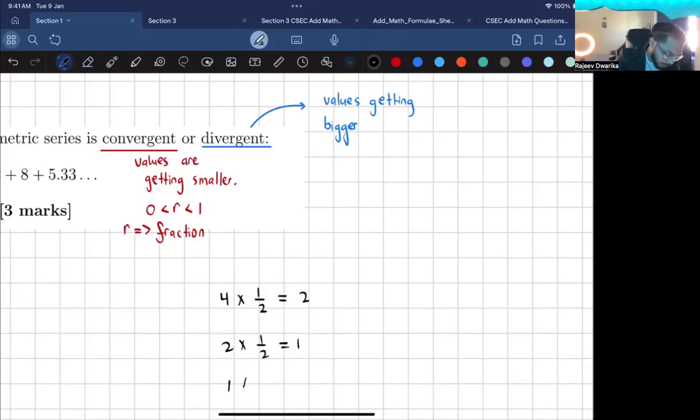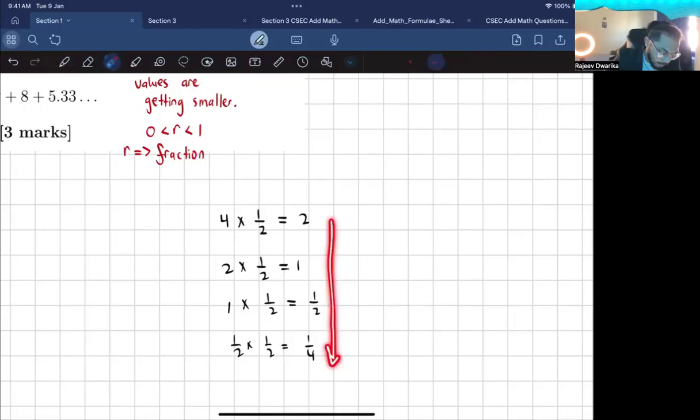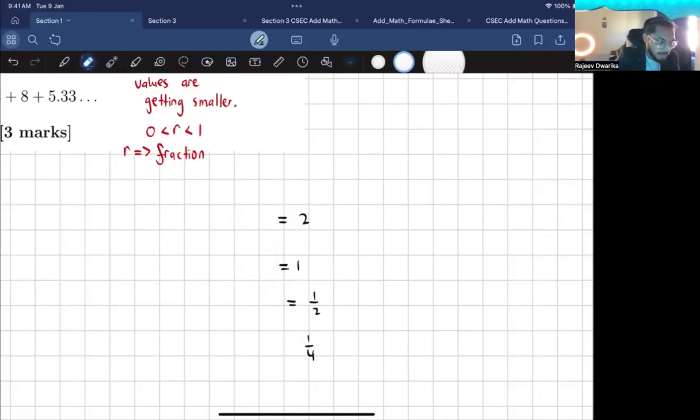What is 1 by a half? A half. A half by a half? A quarter. Anytime you multiply by a fraction, what happens to the values as they go down the line? They get smaller and smaller and smaller. So in this example, what would be the common ratio? 2/3? No, a half. I understand where you get 2/3, but in this example, it will be a half.